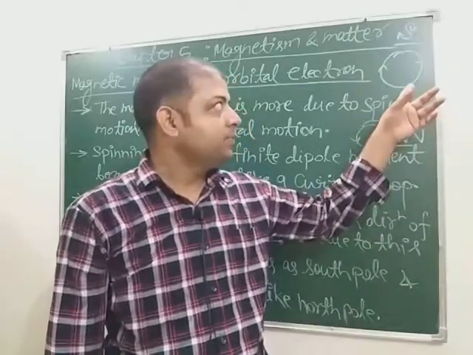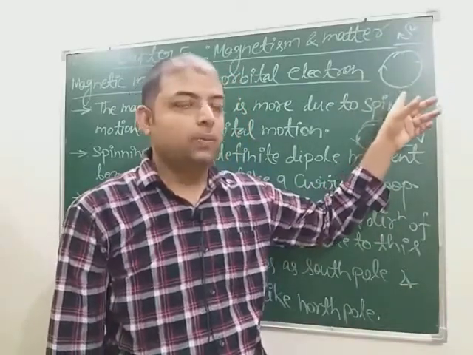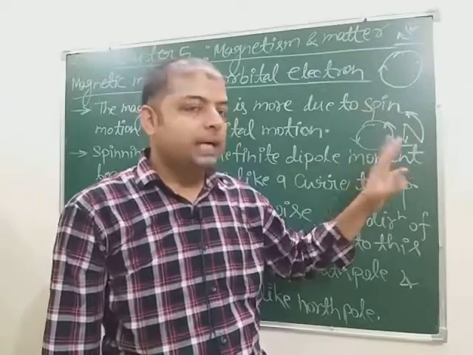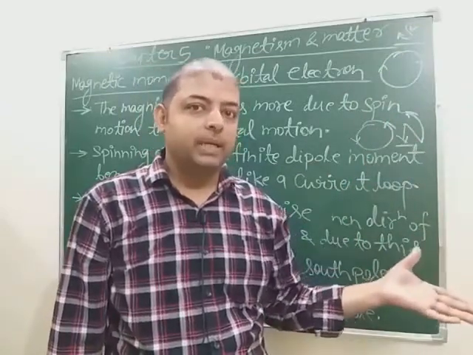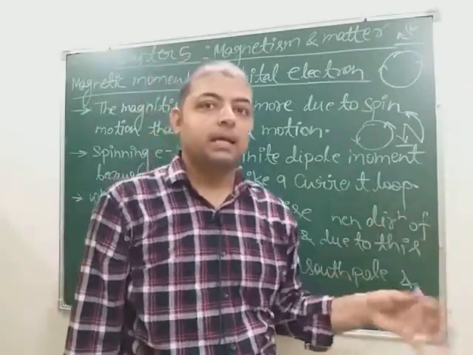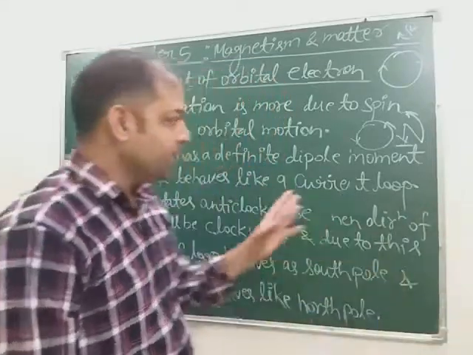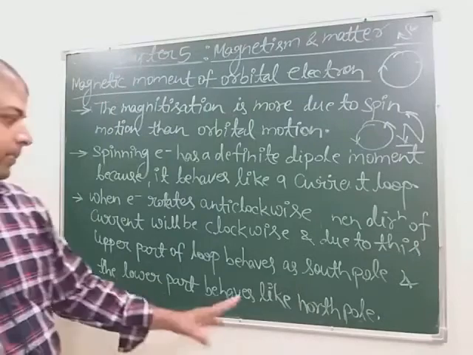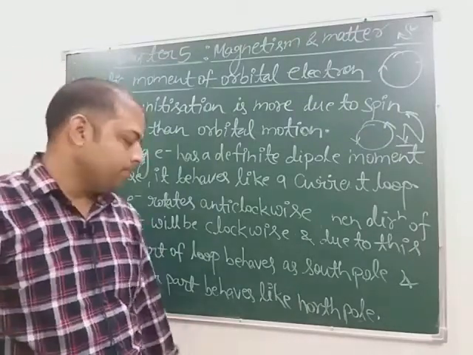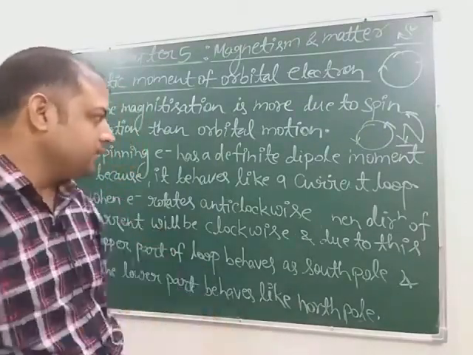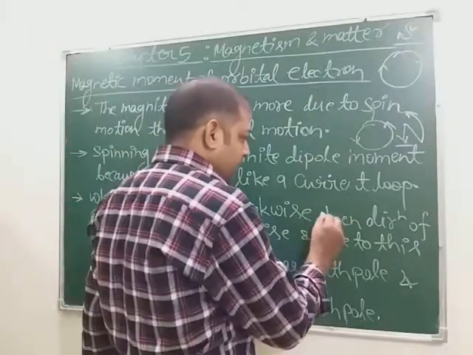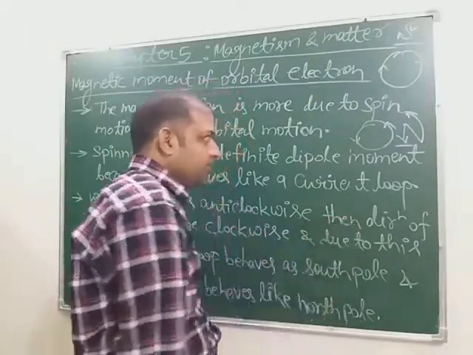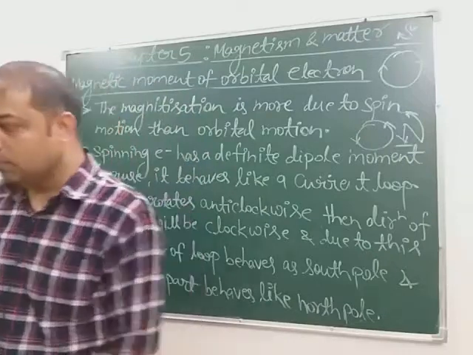The part in which the direction of current is clockwise is called south pole, and opposite to that part, like a mirror image, will behave like a north pole. We have already studied this in chapter number 4. So the lower part behaves like a north pole, because a magnet is always a dipole, it cannot be a single pole. Okay, so write down both the points, very important.